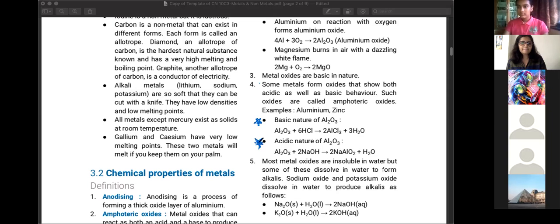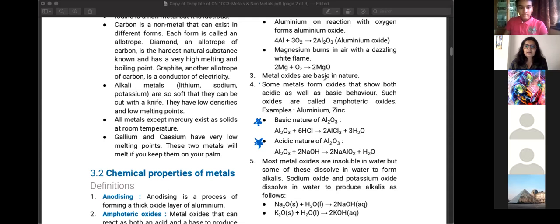Ma'am? Yeah? I had messaged you. I had gotten back for 2 minutes. Can you repeat what you've done after anodizing? After anodizing, I was just summarizing this. We were looking at different oxidation processes, and we came across metal oxides being basic in nature. How do you show that metal oxides are basic? You do it with neutralization. You show that metal oxides, just like bases, neutralize acids, and that's why you can say they're basic in nature.